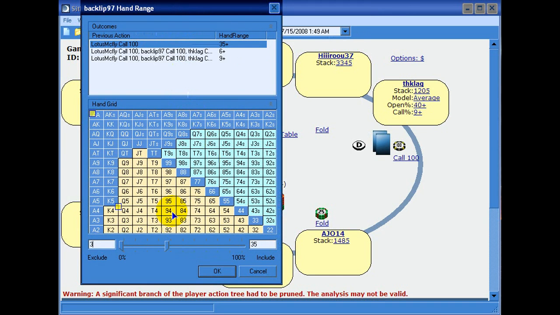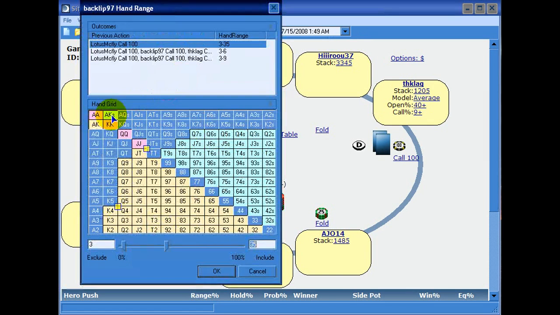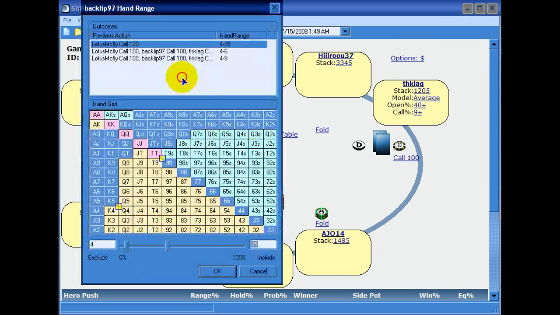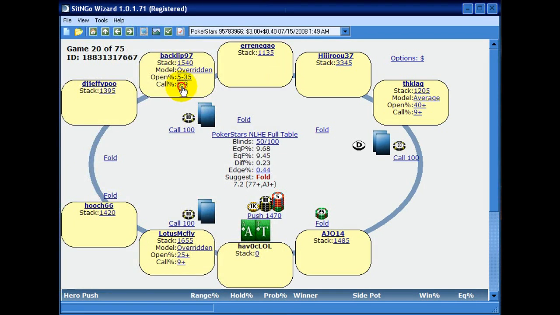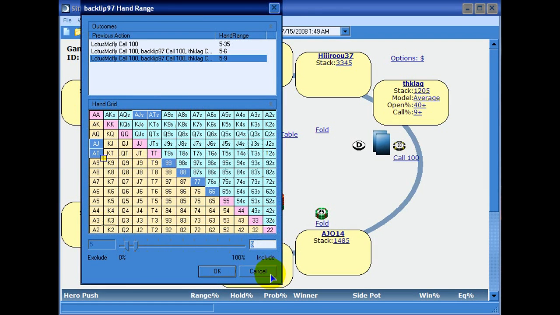So he is probably always raising after a limper. He's probably always raising, yeah, ace queen suited, ace king, 10s to aces. In fact, I'll keep going with that. He's probably raising ace queen offsuit as well. Yep, there we go. And limping behind with the other couple.